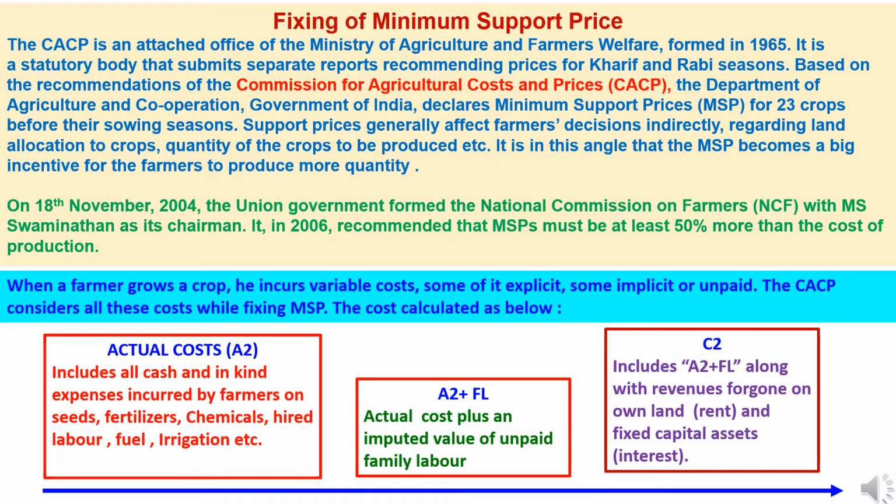Next, the actual cost plus an imputed value of unpaid family labor, A2 plus FL, is included. Finally, C2 cost, which includes A2 plus FL along with revenues foregone on land rent and fixed capital assets like interest. So, the final minimum support price will be inclusion of A2 plus FL plus revenues.